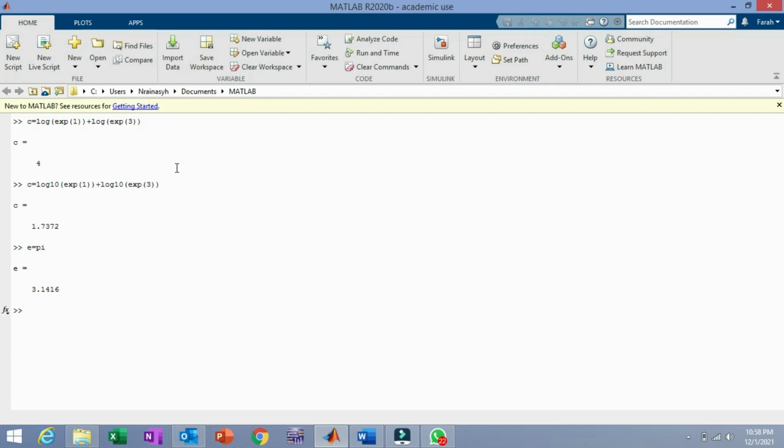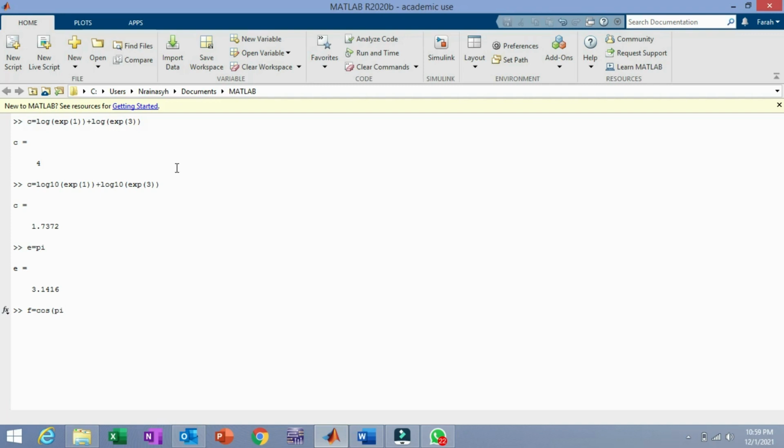Then for the next question, F equals cos of pi over 4. In Matlab it is still the same: we insert cos, then pi, which is over 4, meaning divide by 4.